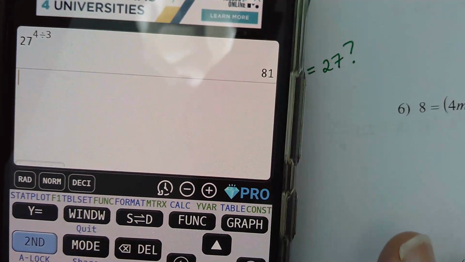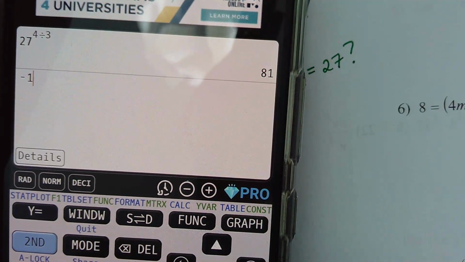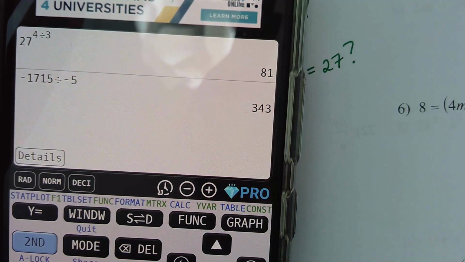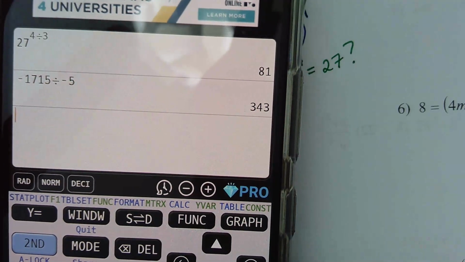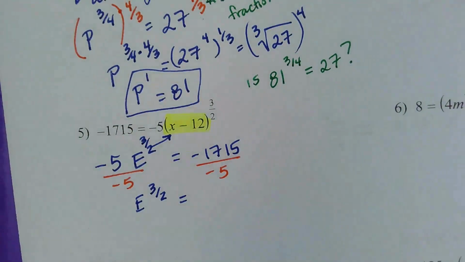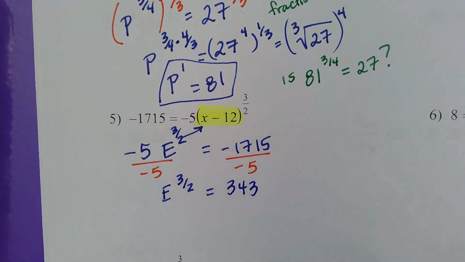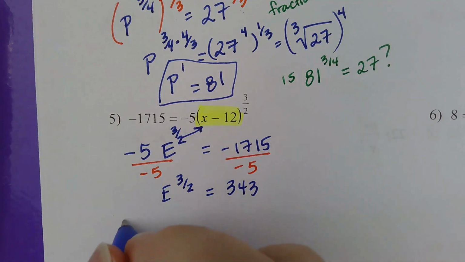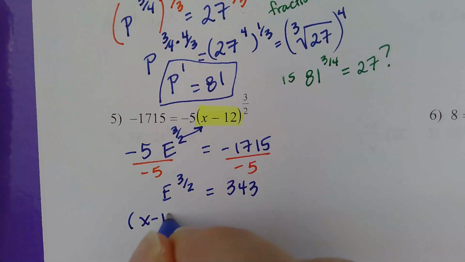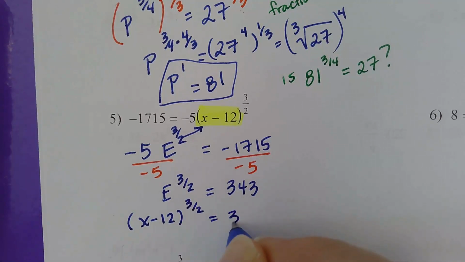Oh, heavens. Okay, negative 1715 divided by negative 5 is 343. So I'm going to replace the number on the right with 343. And then I need to put my expression back in because it's isolated now. So I'll rewrite this as parentheses x minus 12 to the 3 over 2 power equals 343.